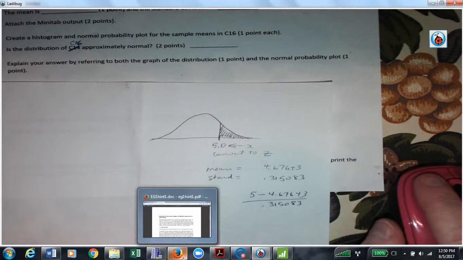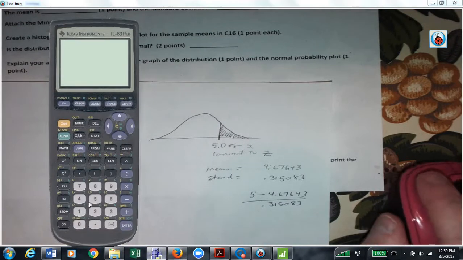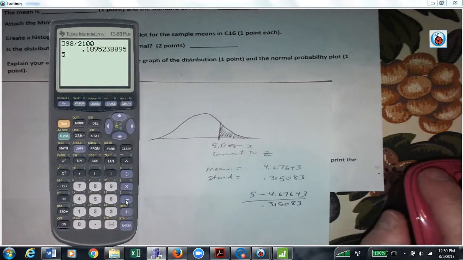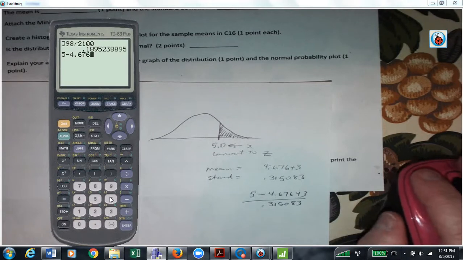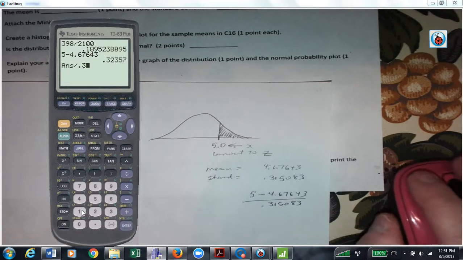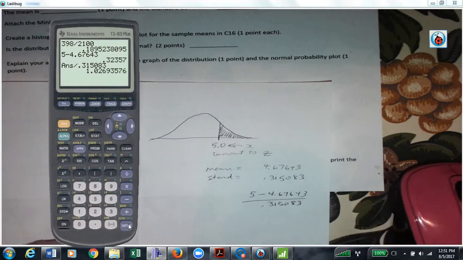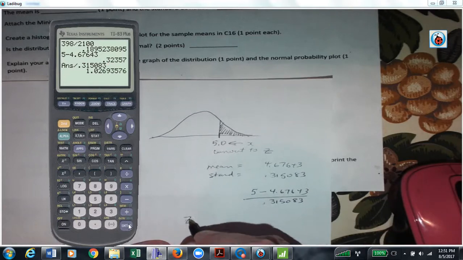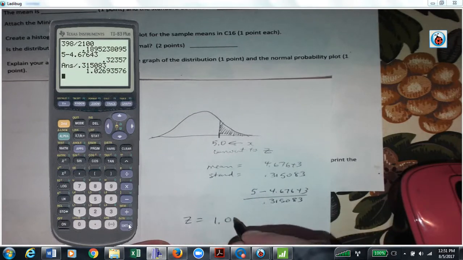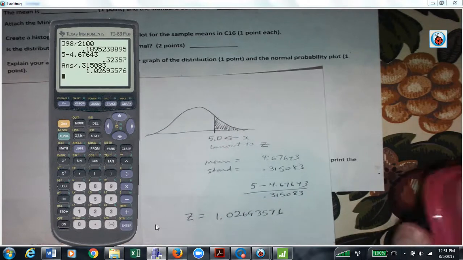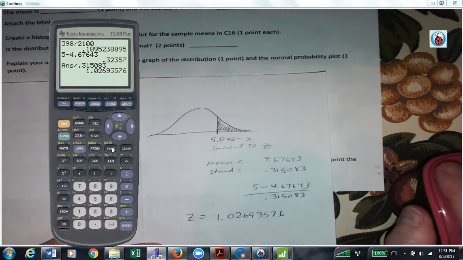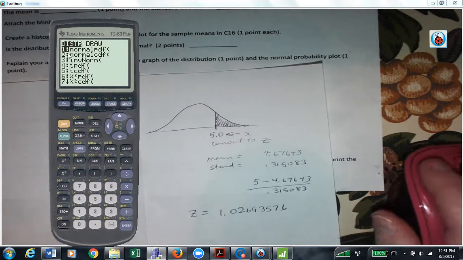And so 5 minus 4.67643, all divided by 0.315083. And so my z-score is equal to 1.0269356. Okay.